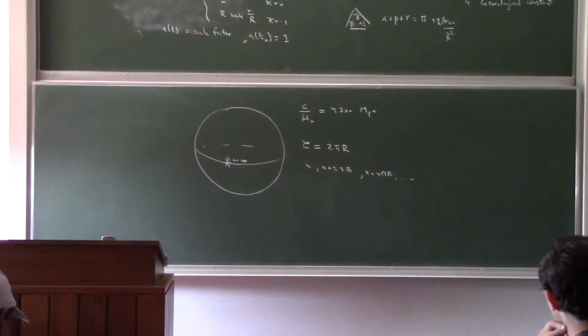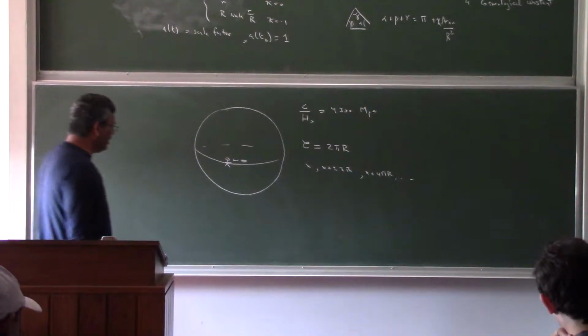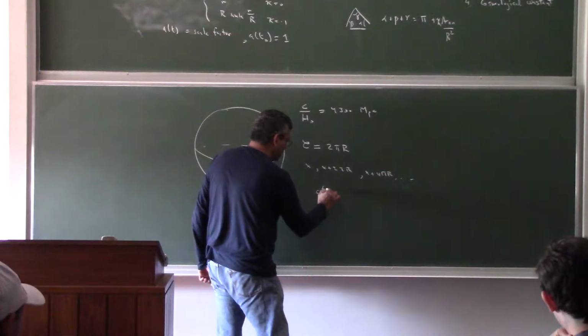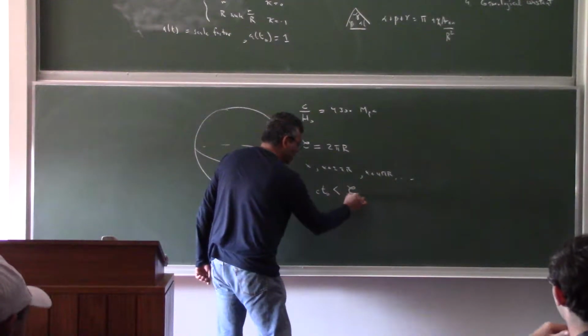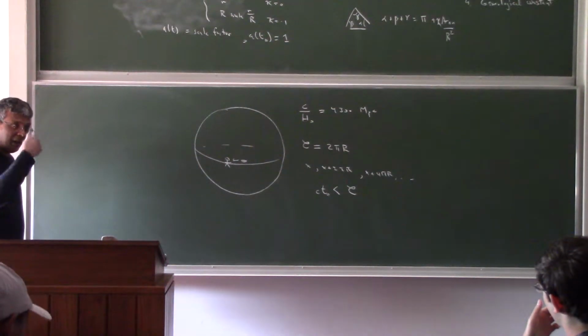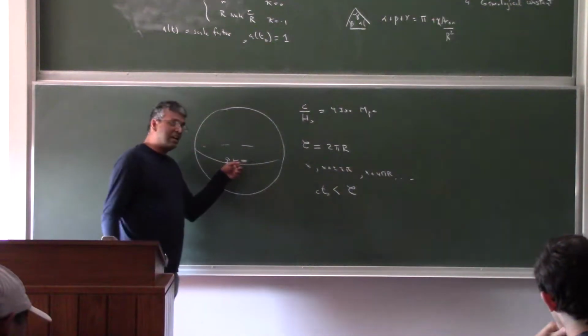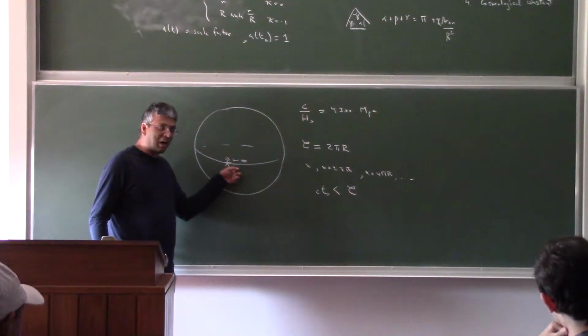We don't see such images of the galaxy, which tells us that c times the age of the universe is less than the circumference of the universe. Light hasn't made it around the universe within the lifetime of the universe, so that we don't see extra images if the universe is positively curved.